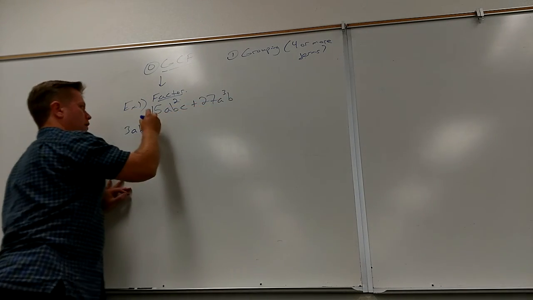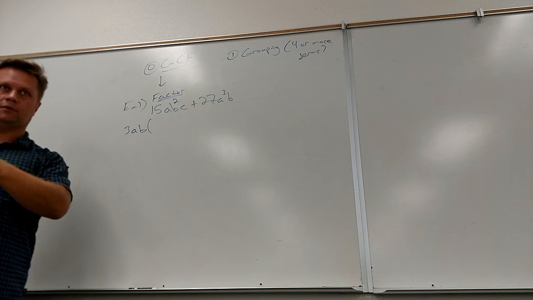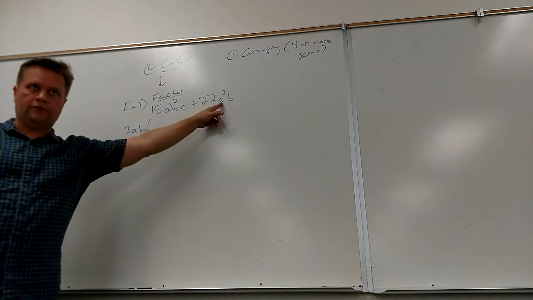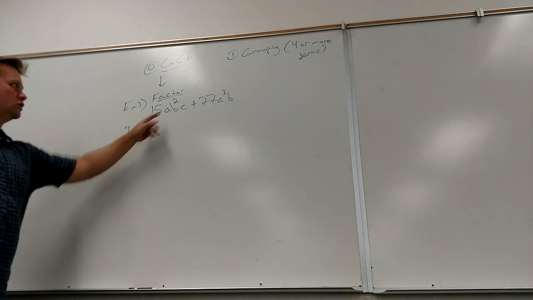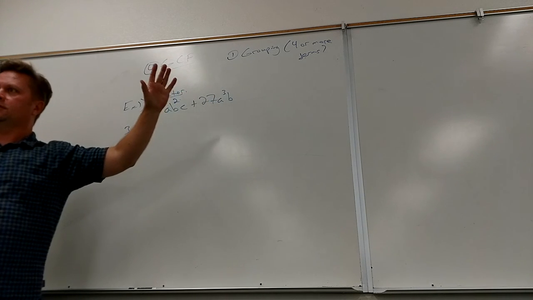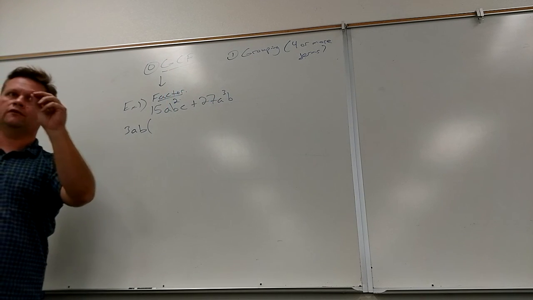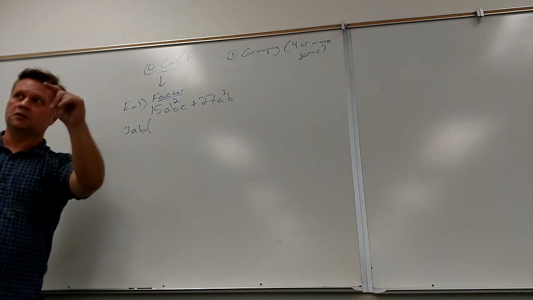He's got none, so you can't take any out, because you're taking out of both at the same time. If you try to take a C out, he's going to freak. Same way, if you try to take 2 B's out, he's going to freak. That's why, remember, the shortcut was, for the variables, you take out the smallest, least power.